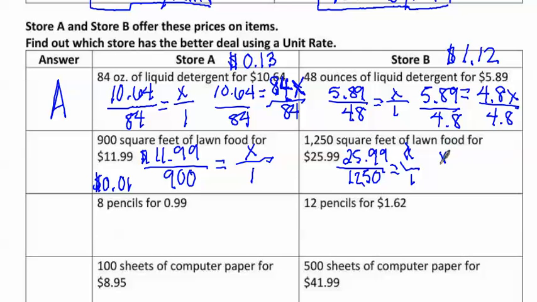Once you cross multiply and divide, you get that it is 2 cents per every square foot of lawn. So once again, store A is the better deal.